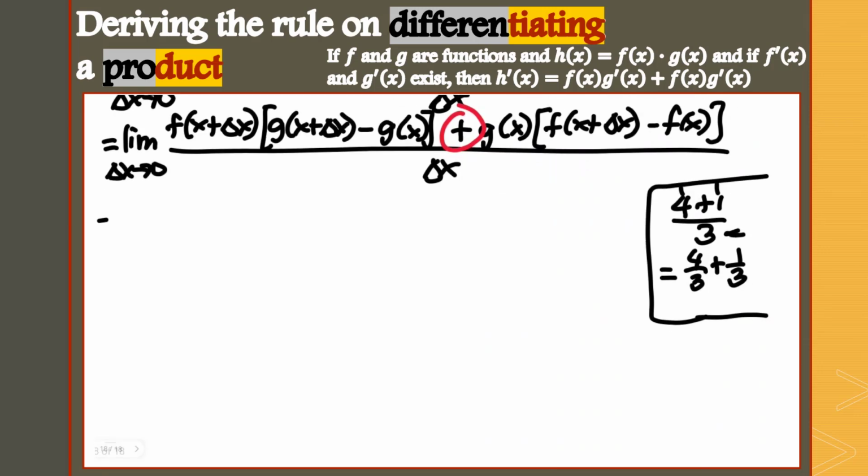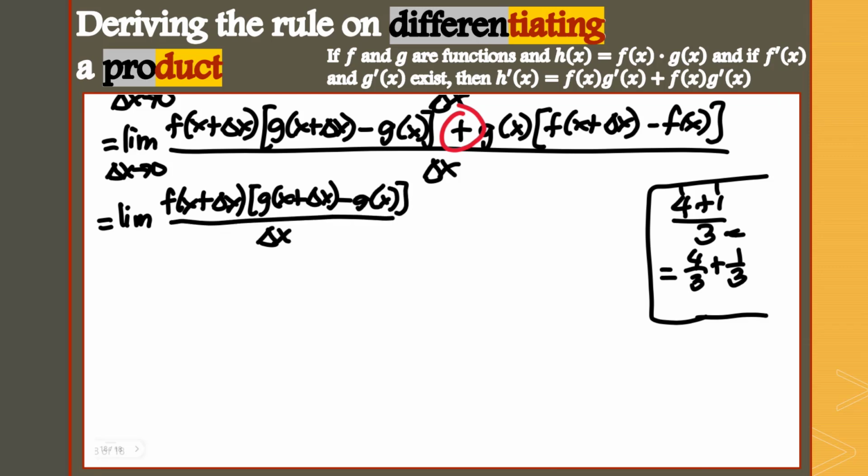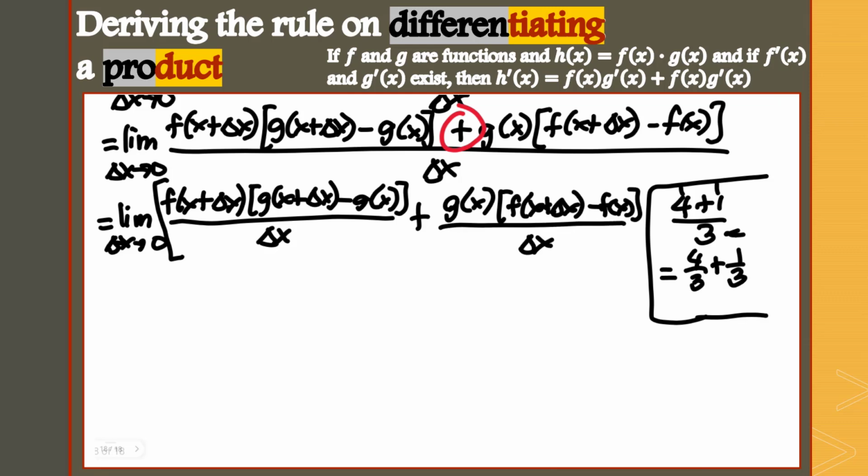The limit of f of x plus delta x times g of x plus delta x minus g of x over delta x, as delta x approaches 0, plus g of x times f of x plus delta x minus f of x over delta x. So we have separated them into two rational expressions using this idea.